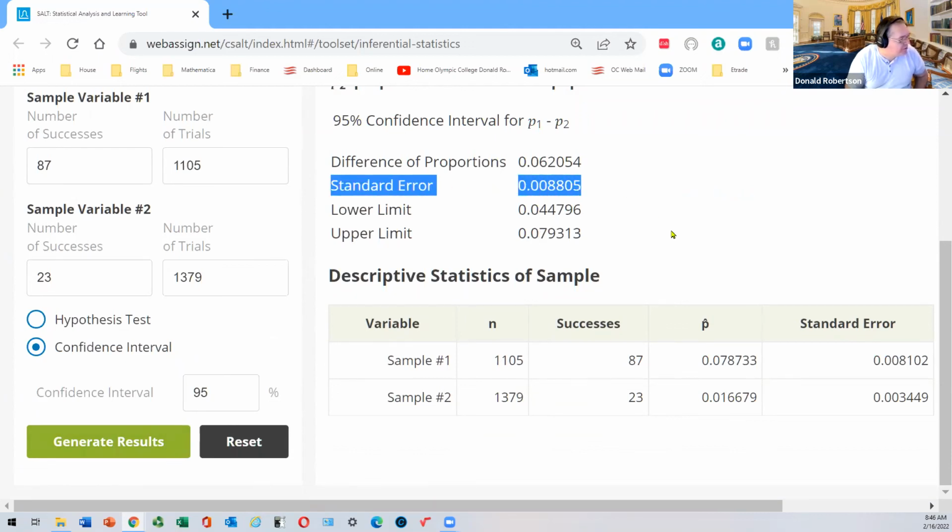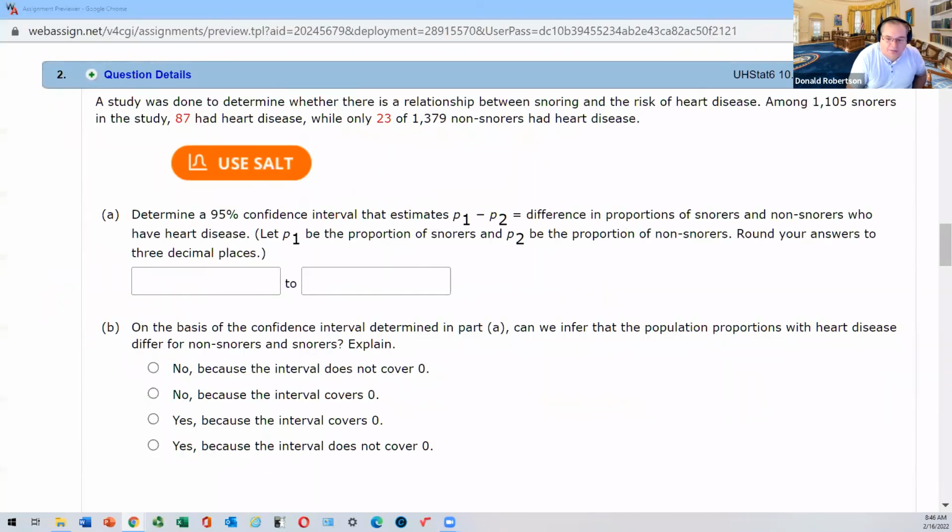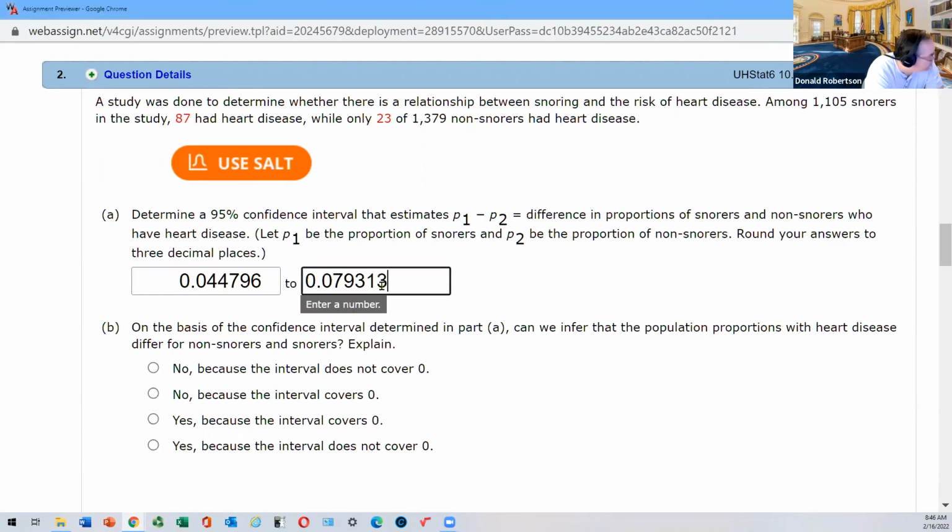That's the standard error. They just put it in a different spot. So they do give you the standard error. So lower limit is going to be that number, upper limit is going to be this number. And 3 decimal places then makes this 0.445. And 3 decimal places makes this 0.79.